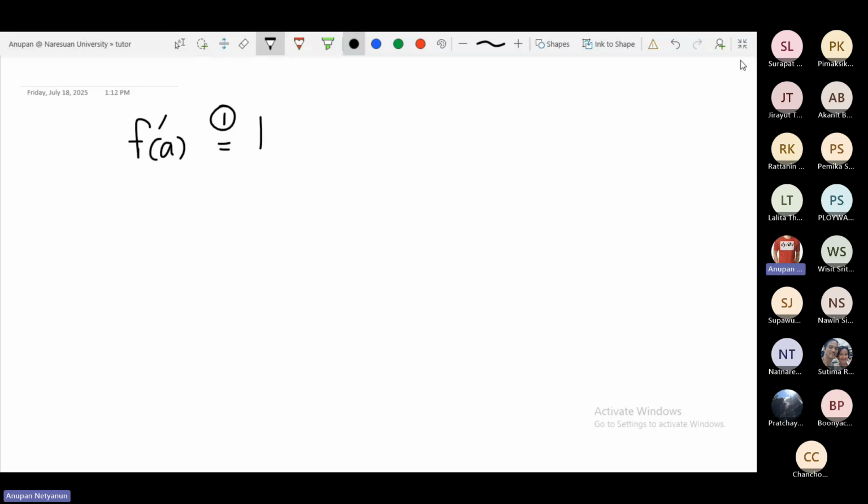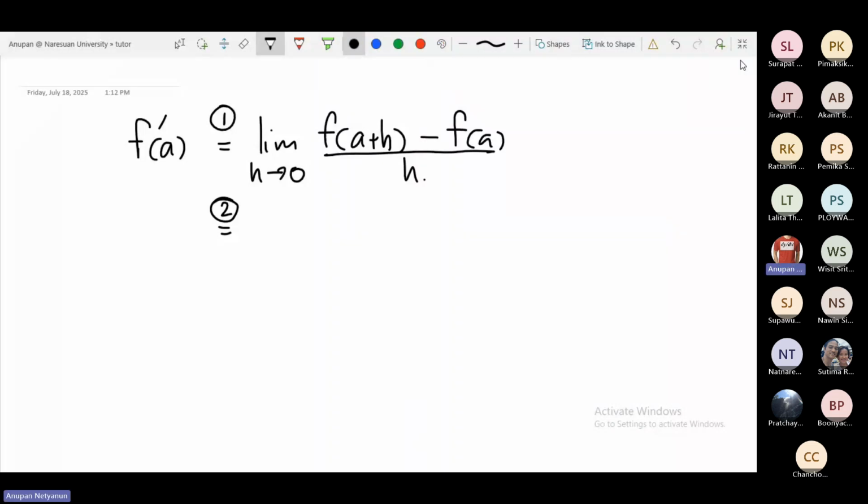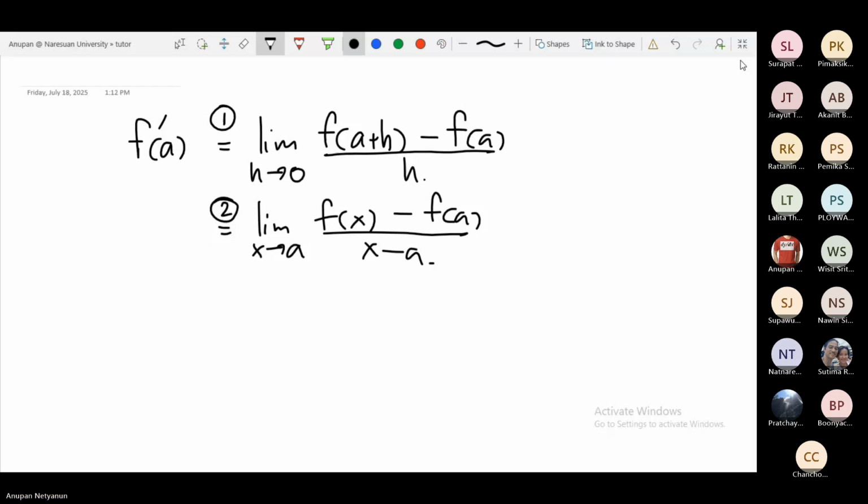The first one is the limit when h approaches 0 of f of a plus h minus f of a, divided by h, and the other definition is the limit when x approaches a of f of x minus f of a, divided by x minus a. Okay, so we have two definitions, and we say that they are equivalent, the same thing, but just a different perspective to get the formula. Questions?